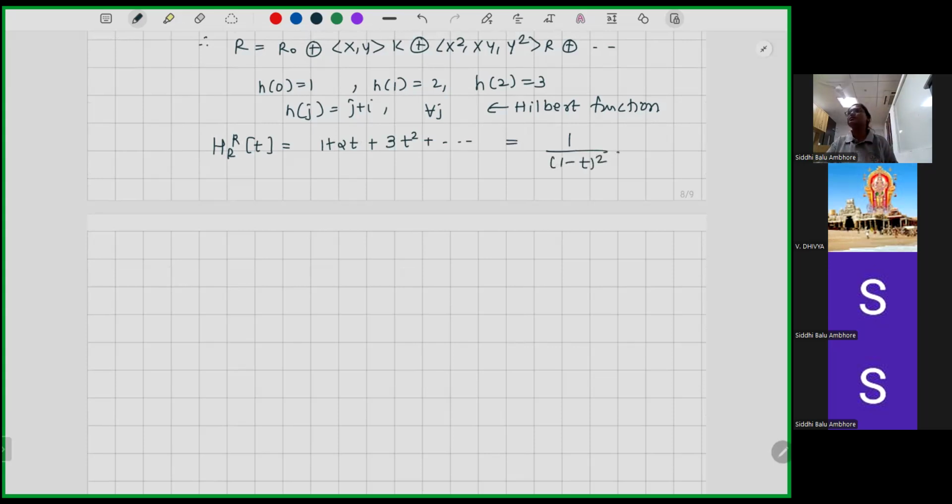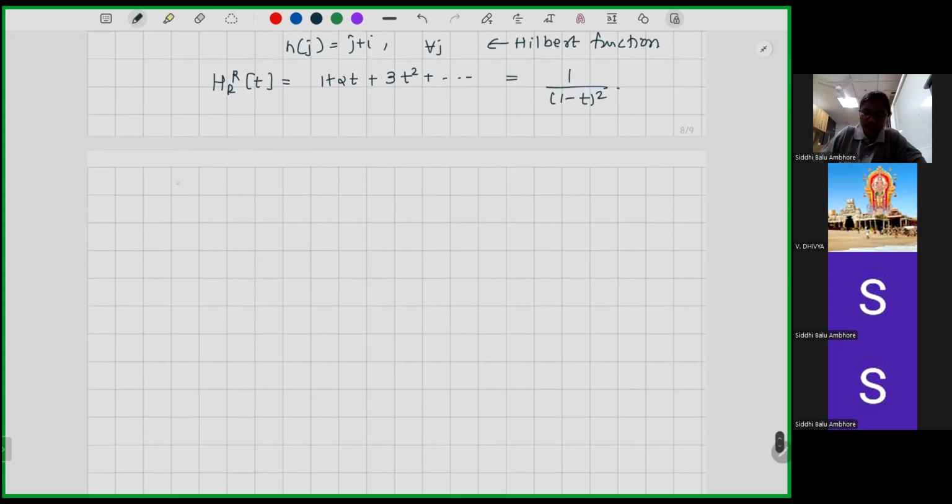You can check this. This is an arithmetic-geometric progression: the coefficients are in arithmetic progression, and the powers of the variable are in geometric progression.